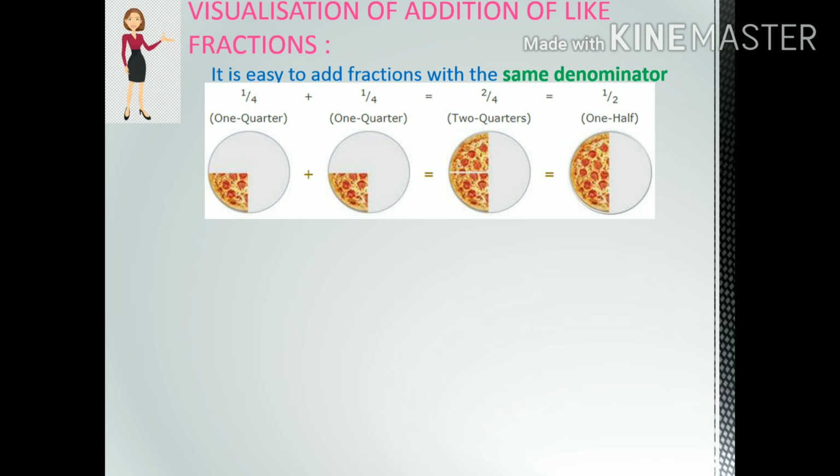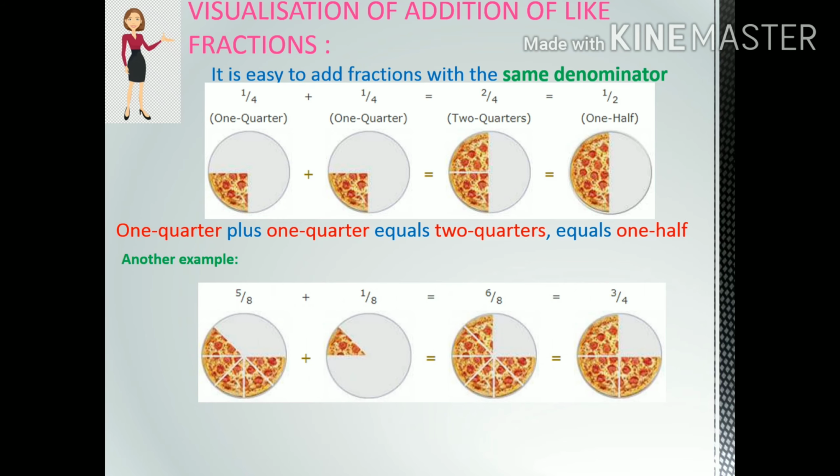If we add them together, we get 2/4 of the complete pizza, or we can also see it is 1/2 of the pizza. 1/4 plus 1/4 equals 2/4 or 1/2.